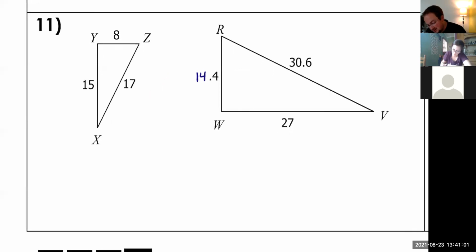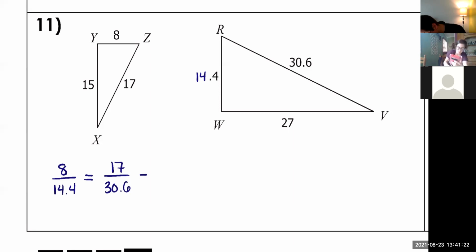Going through the same process though, again, it looks like a rotated version. I would say then that the 8 must be corresponding with the 14.4. Which means the 17 is corresponding with the 30.6. And then the 15 corresponding with the 27.